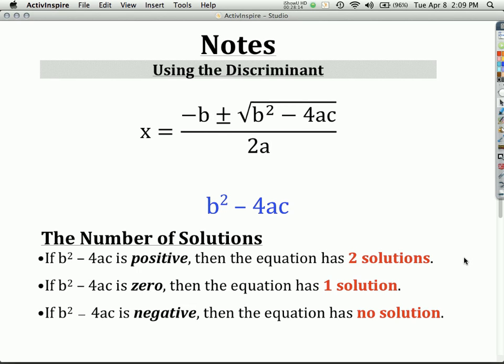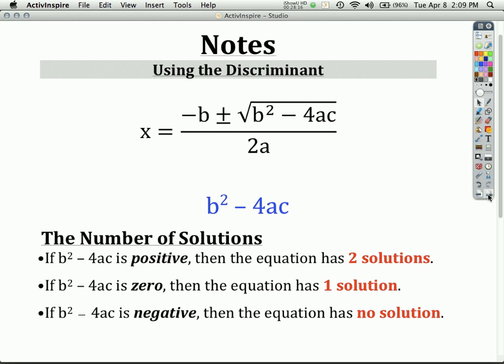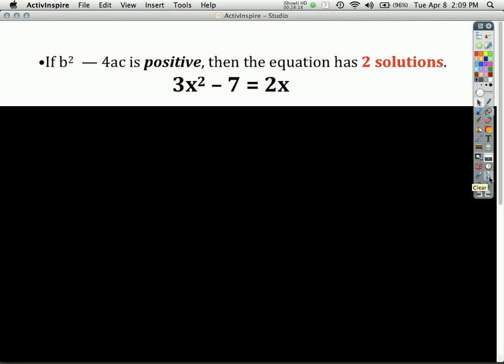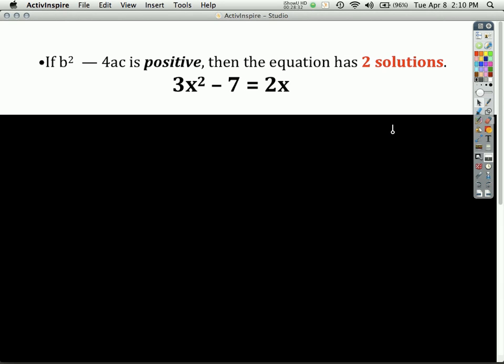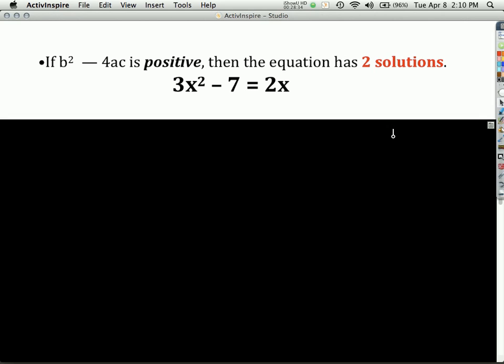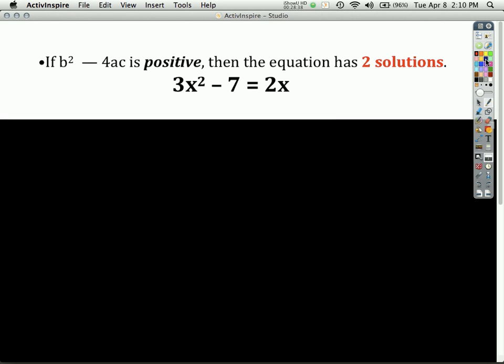Good, let's look at a few cases. First, you don't have to recopy the statement, but now you need the example. The equation 3x squared minus 7 equals 2x. First, we would need this in standard form.